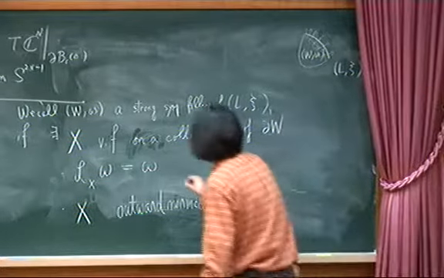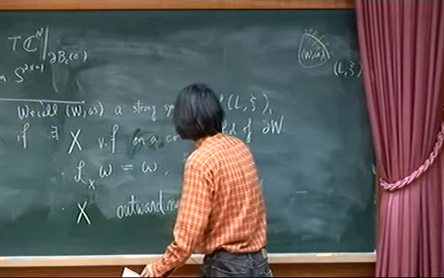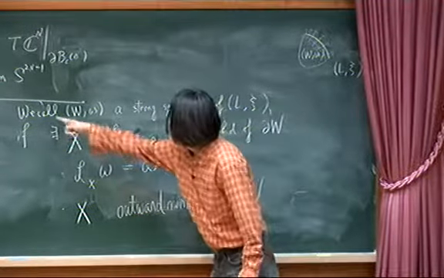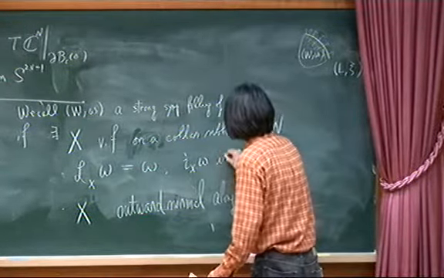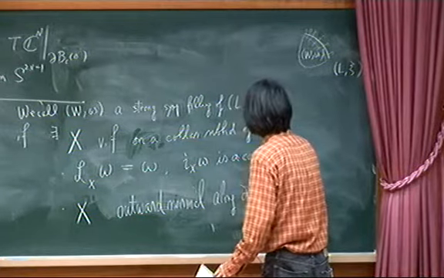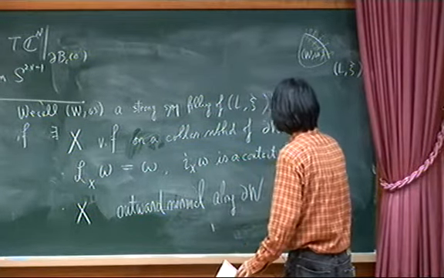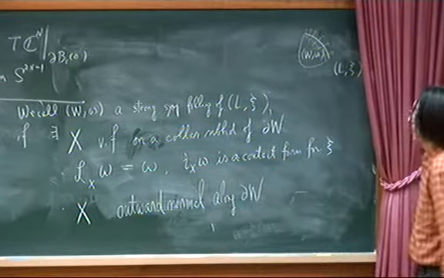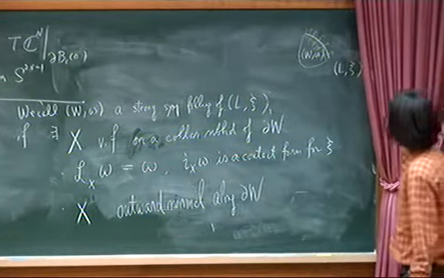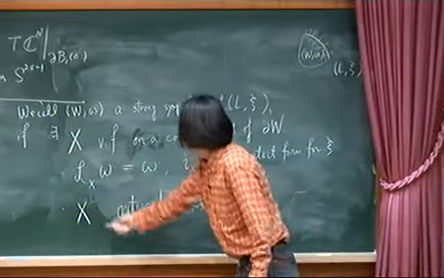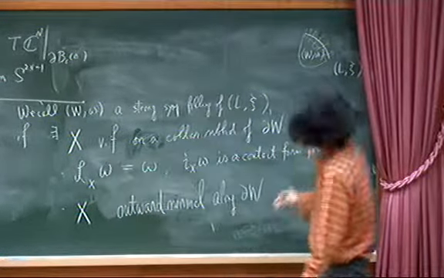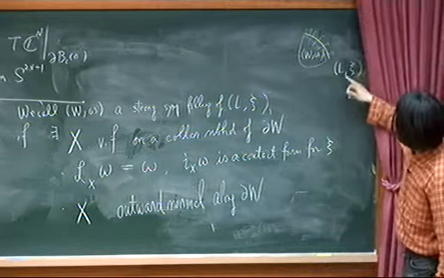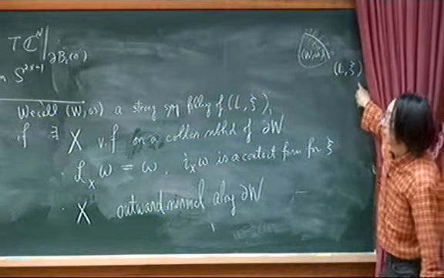And sorry, I also need this. So, and also the interior product of X with omega gives alpha, which is the contact form for this xi. Okay. So, if we have this vector field X, then we call this (W, omega) a symplectic filling of this contact manifold.